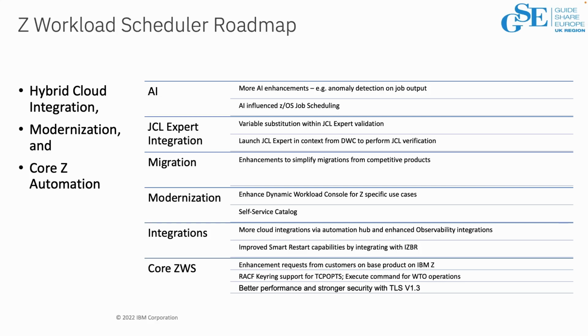We will provide enhancements to simplify migrations from competitive products. We will enhance in the future the dynamic workload console also for some Z-specific use cases. Here, this year, we are talking about JCL Expert.